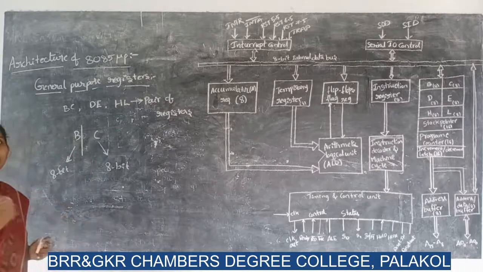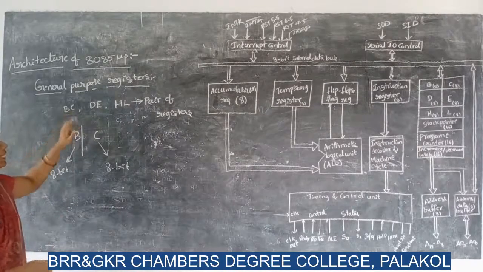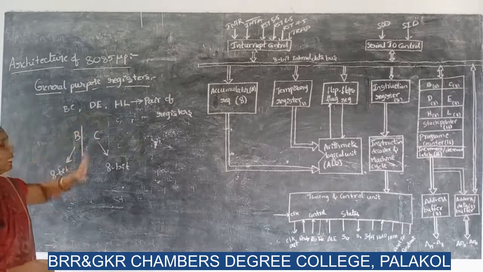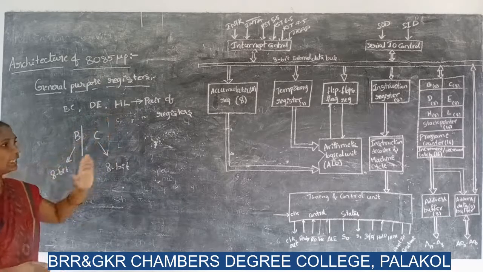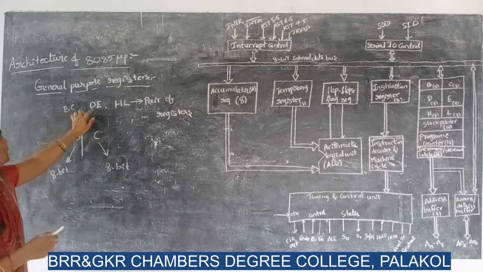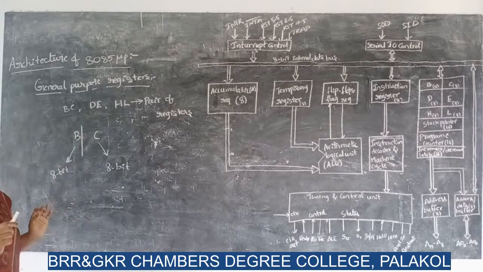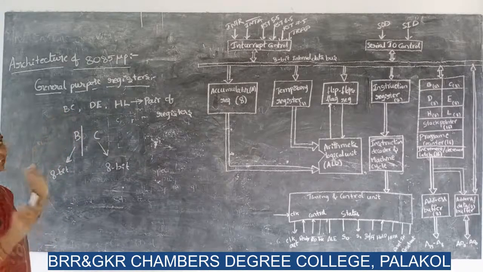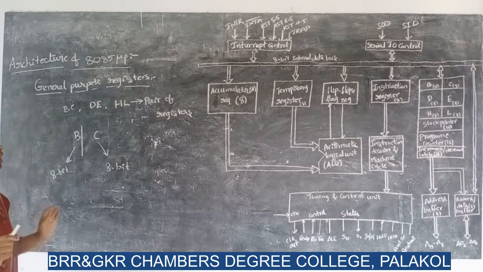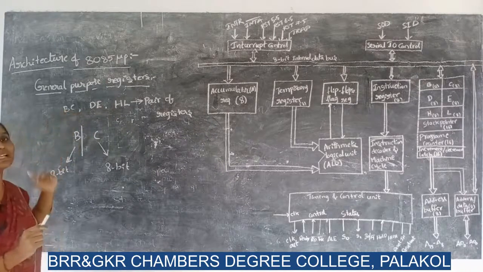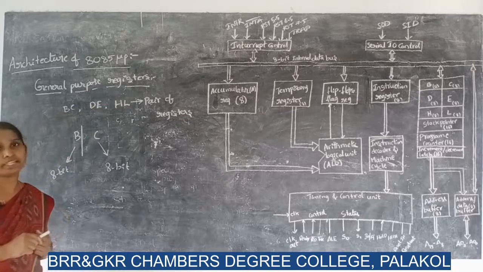The pair is very important. BC is one pair, DE is one pair and HL is one pair, but BD is not a pair and CE is not a pair. So B and C form a pair, and that is why these are called pairs of registers.